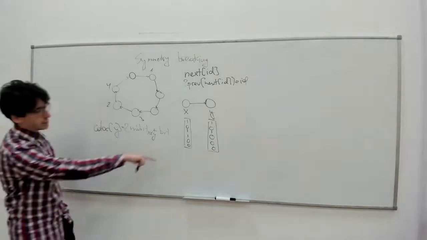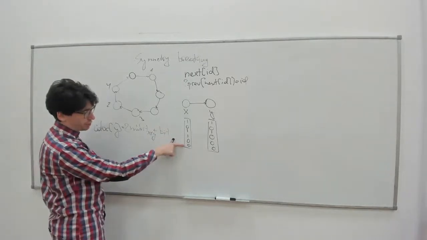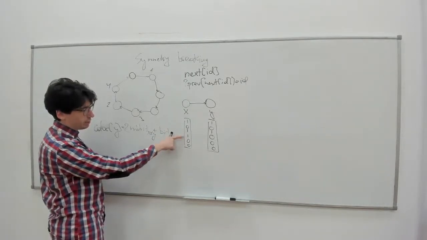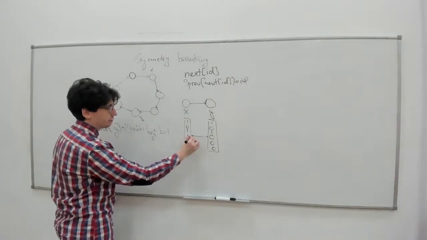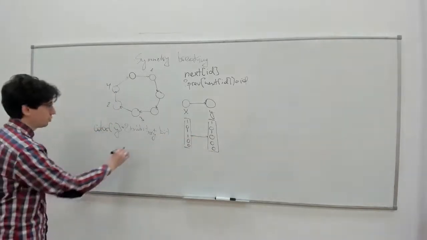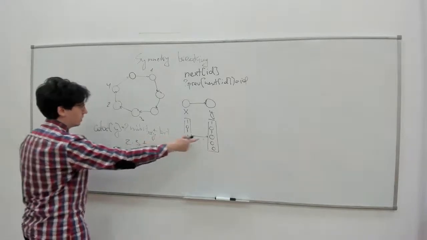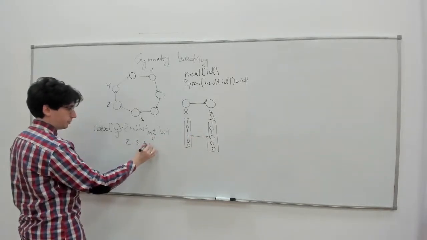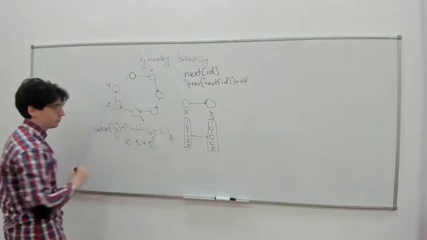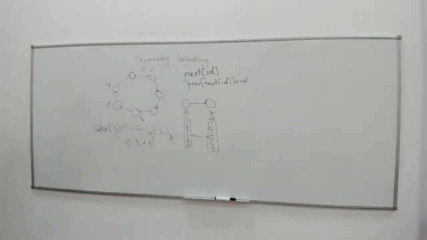For example, for these guys, the first bit is the same, the second bit the same, the third bit is different. So we put it here as 3 plus the bit here, the bit is 0. That bit, I mean exactly that bit, it's 0.